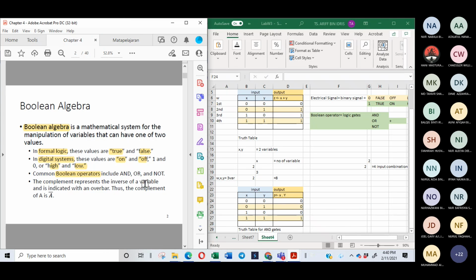The complement represents the inverse of a variable and is indicated by a bar over it. The complement of A is A bar. Let's say we have a variable A here, and we have a complement for A. For the complement of A, we put it as A bar.